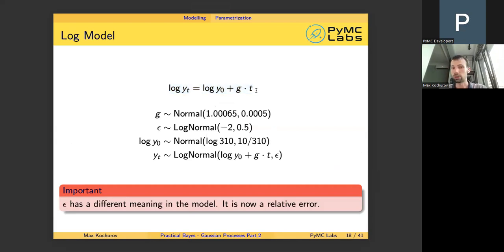When we go to log-log parameterization, there is a special case where we need to think about epsilon and how it is represented in the likelihood. So in a log normal likelihood, epsilon is usually related to relative error. So if epsilon is 0.1, it is 10% relative error. If it is 0.01, it is 1% relative error. So whatever you think relative error makes sense, you should put it there.